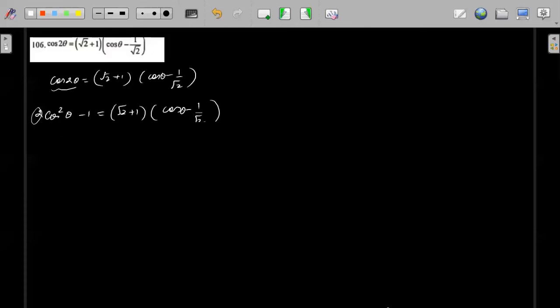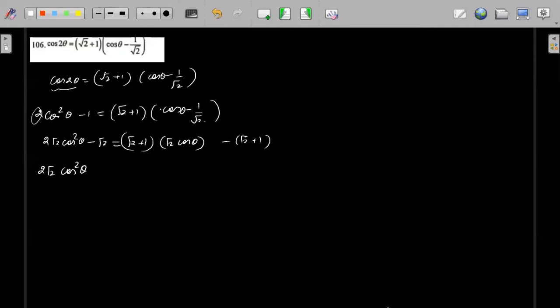So this will become 2 into root 2 cos square theta minus root 2 is equal to root 2 plus 1 into root 2 cos theta minus root 2 plus 1. I've just taken root 2 as LCM, so root 2 gets multiplied here and I take root 2 to the other side, and then I'm multiplying root 2 minus root 2 plus 1 everywhere.